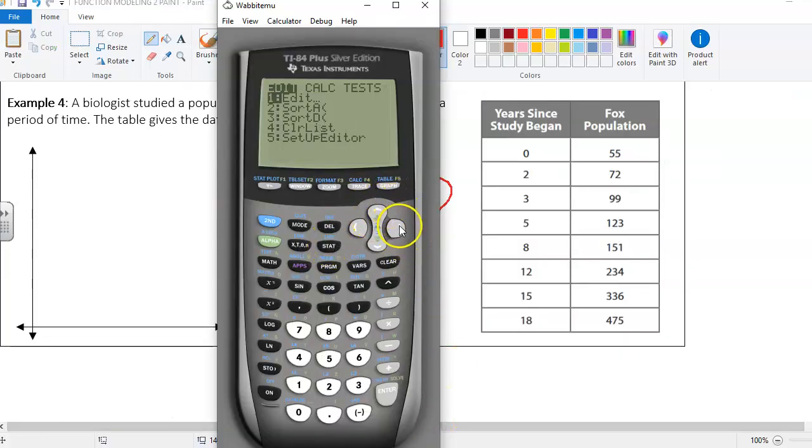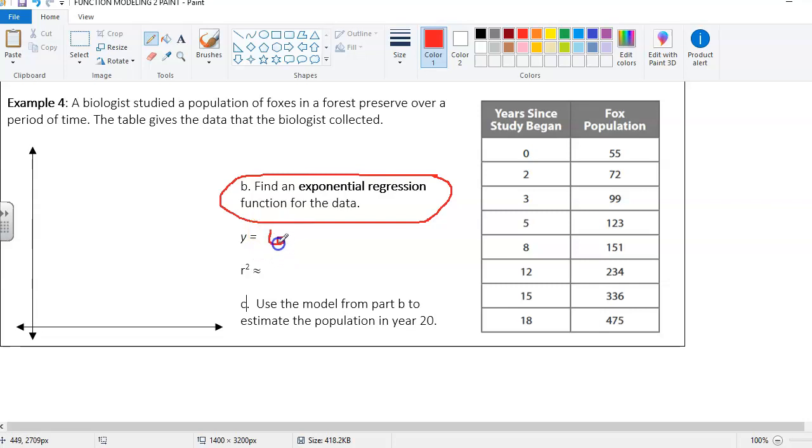So I'm going to go to stat, okay, and I'm going to make an exponential model of the data. Okay. So the model says a is 61.59.